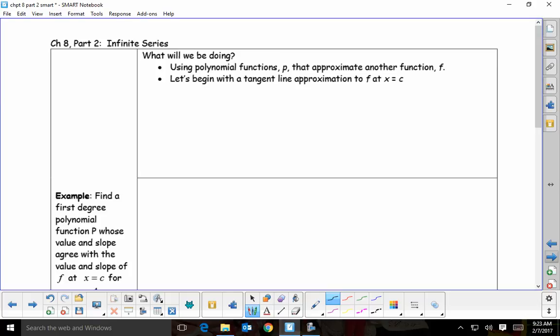So a tangent line, okay, and it says here at x equals c. So if x is c, what's your y? f of c. Okay. So how would I find the tangent line?